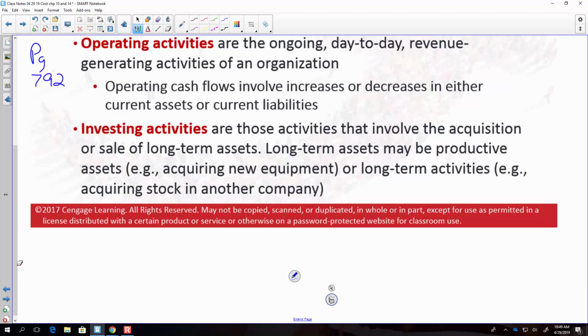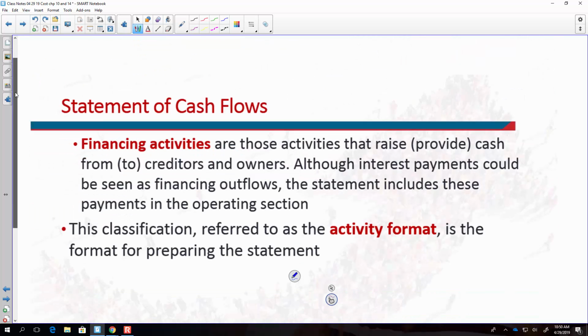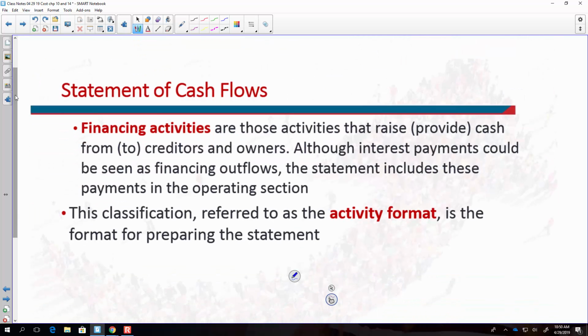And when we're looking at the investment section, we're looking at the purchase and sale of long-term assets, right? Purchase and sale of long-term assets. Financing provides cash, right? Interest expenses are in the operating section, just know that.